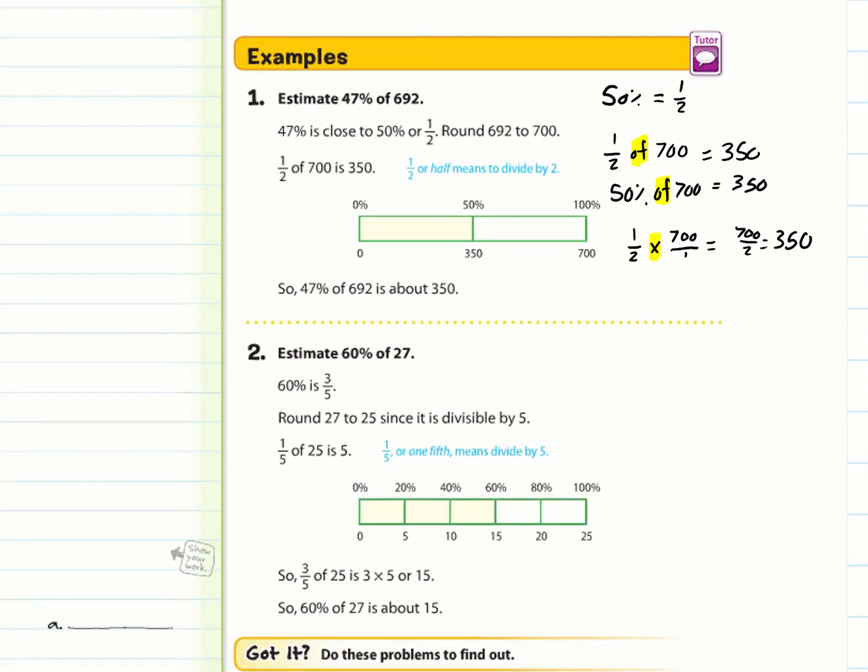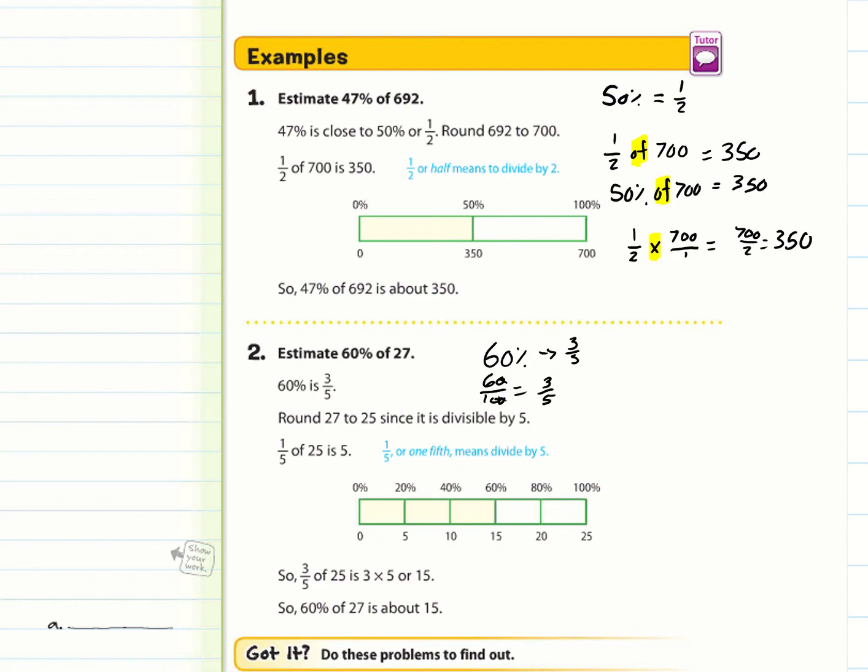So number 2 says 60% of 27. So if you convert 60% to a fraction, we get 3/5. So just a short review, that's 60/100, and after you simplify, that equals 3/5.